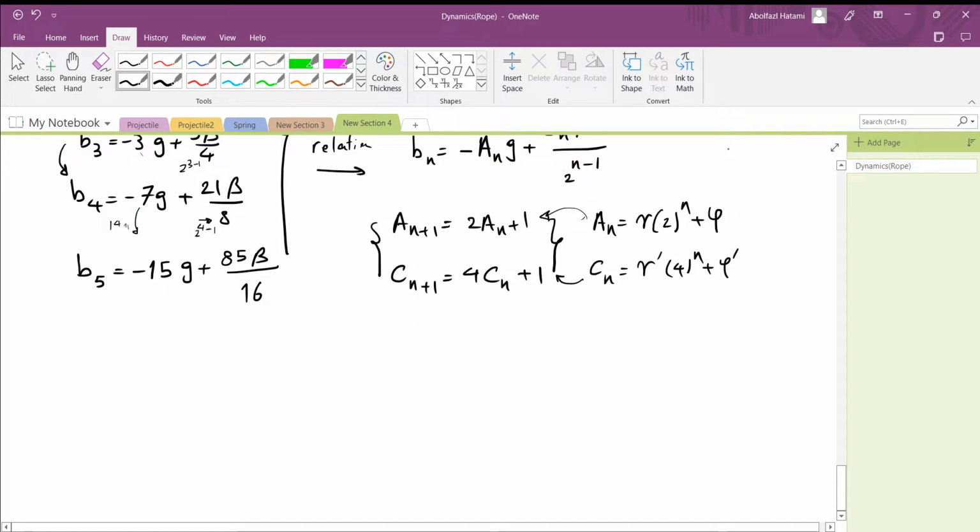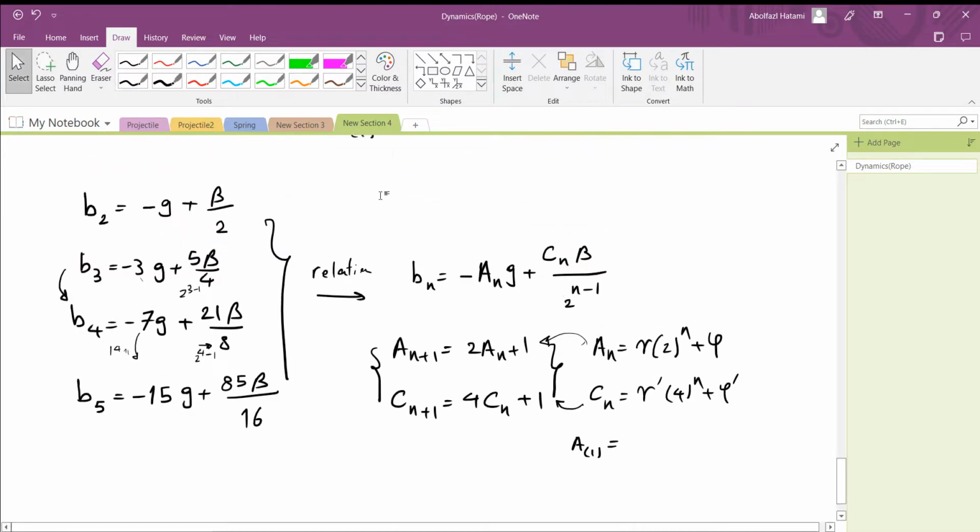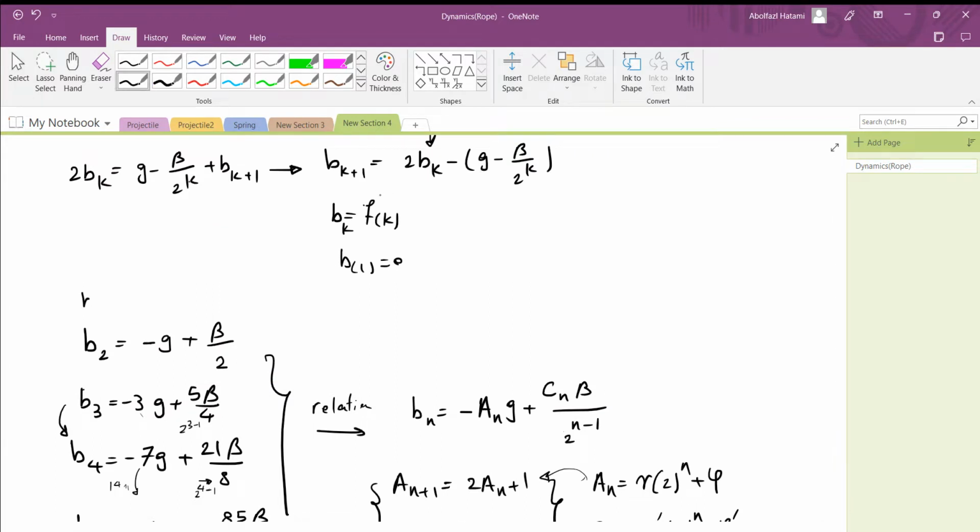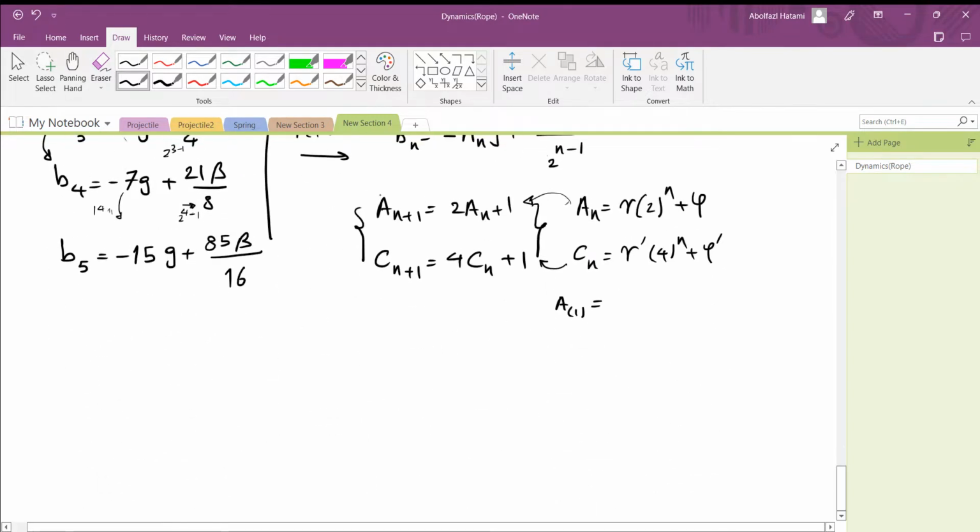We also know that b1 is 0, so a1 is 0 and c1 is 0.